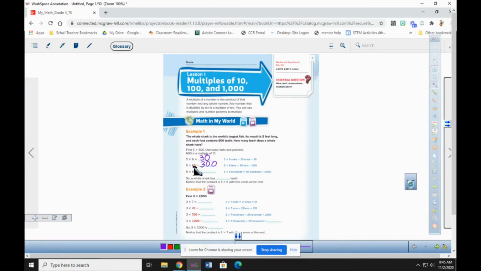We added a 0 here, so we added a 0 here. Now, 5 times 600 is going to be 3,000. So we have that 30, and then we had 2 zeros there, and we'll add 2 zeros here. So a whale shark has 3,000 teeth.